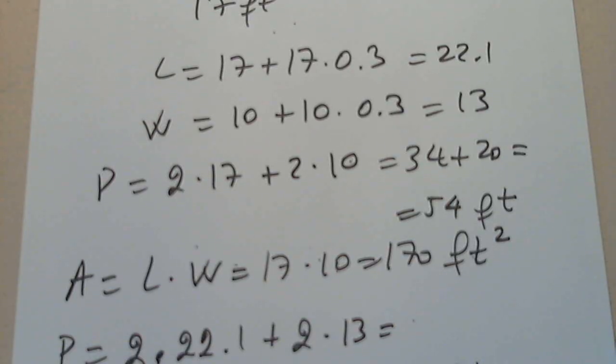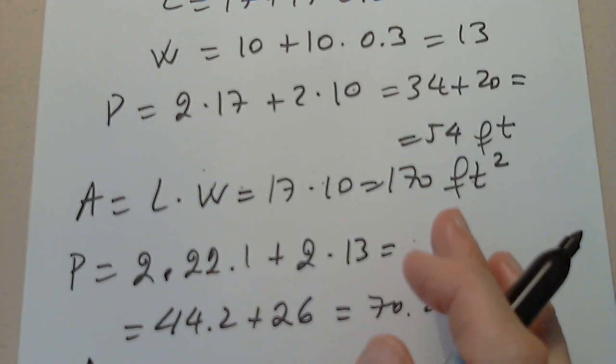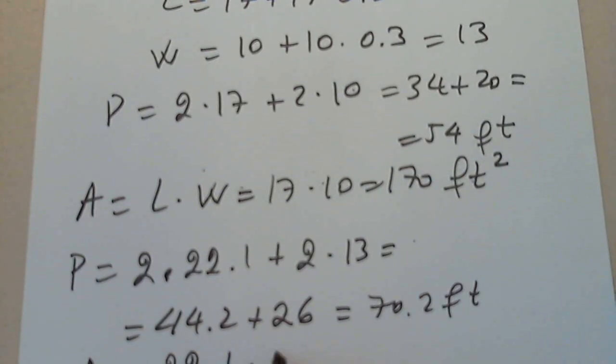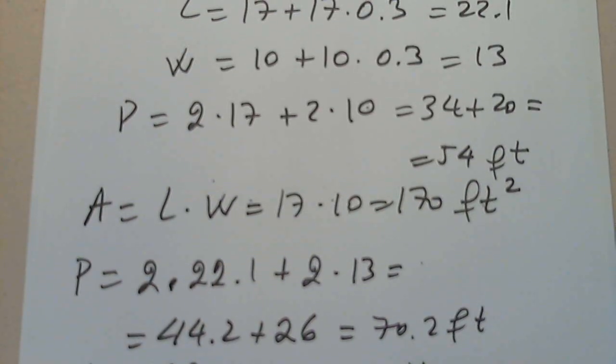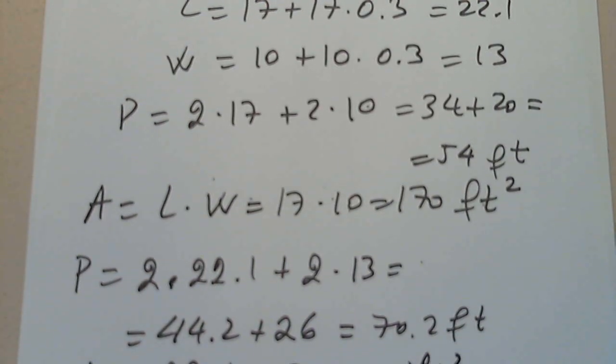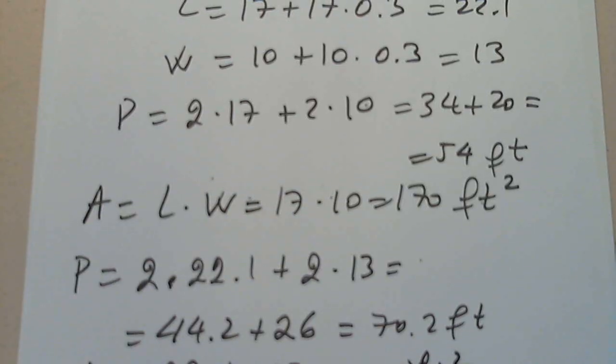And then find the area of the garden with a 30% increase in each dimension. Okay, the same thing. So this time the area will be 22.1 times 13, and this has to be in square feet. 22.1 times 13 is 287.3, and that's what we enter. 287.3.